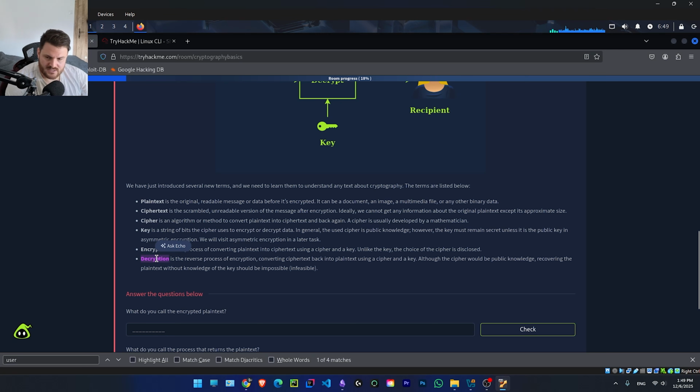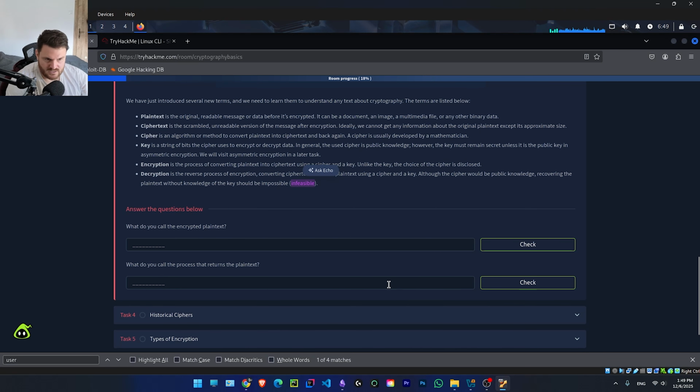Decryption is the reverse process of encryption, converting ciphertext back into plaintext using a cipher and a key. Although the cipher would be public knowledge, recovering the plaintext without knowledge of the key should be impossible or infeasible.